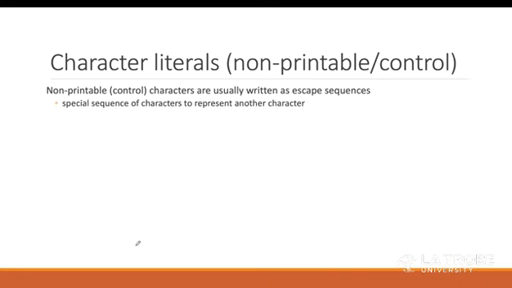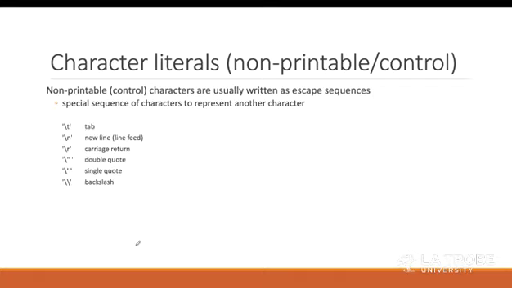The second form is non-printable or control characters. Non-printable and control characters are always written as escape sequences. So you need another special sequence of characters to represent another character, and they are not printable. Let's say if you want to go to a new line, or if you want to go to the start of the line, those are the things that come under control literals, control characters, non-printable characters.